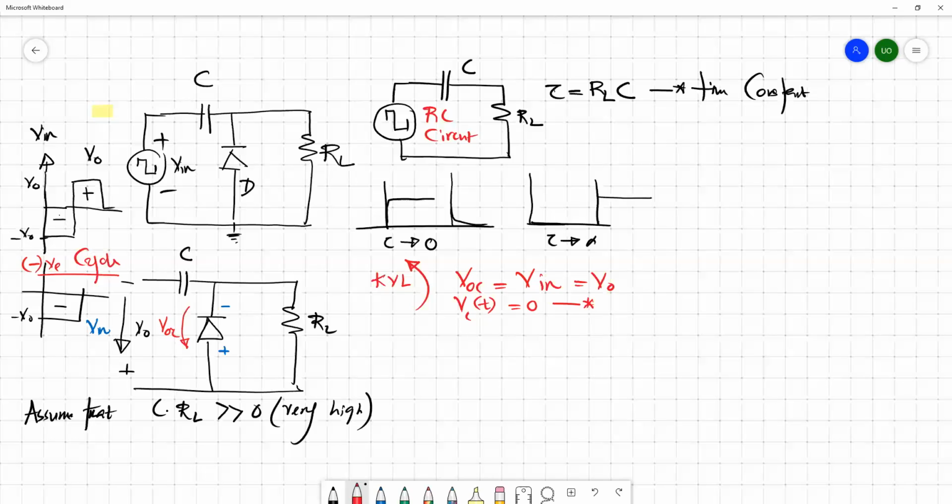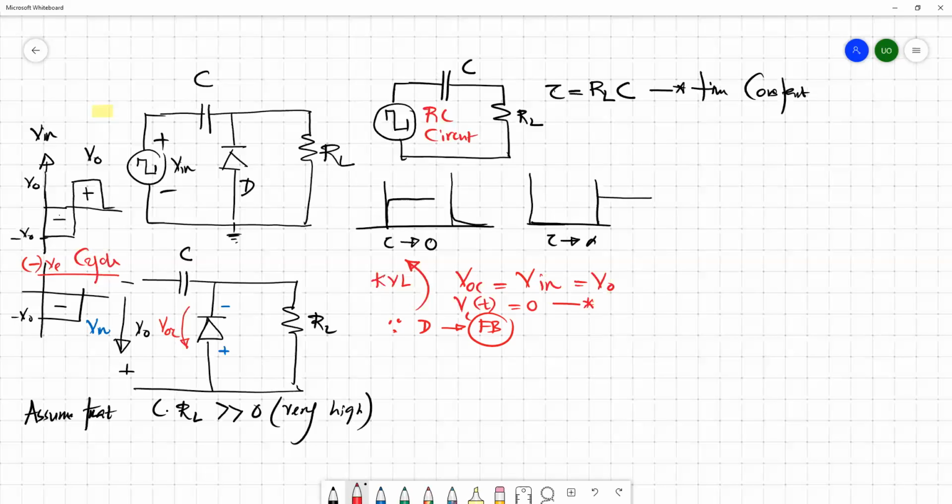We know there is a positive voltage drop across the diode, hence D gets forward biased.